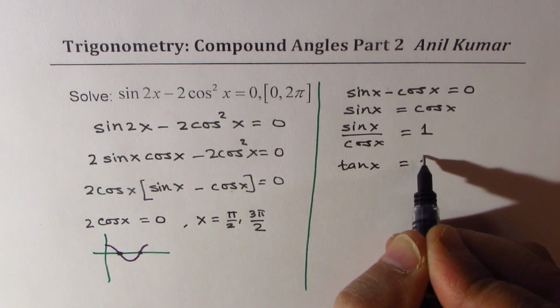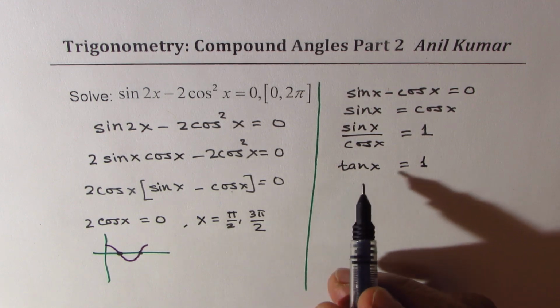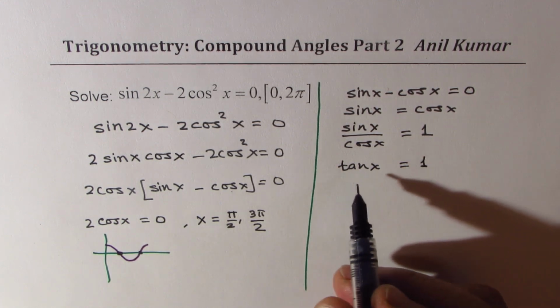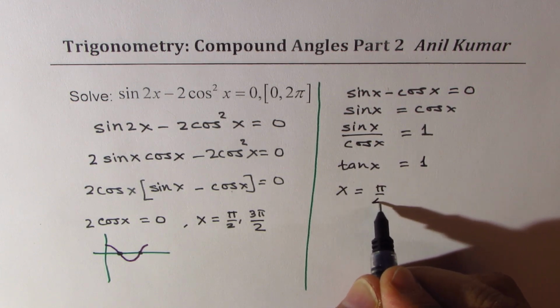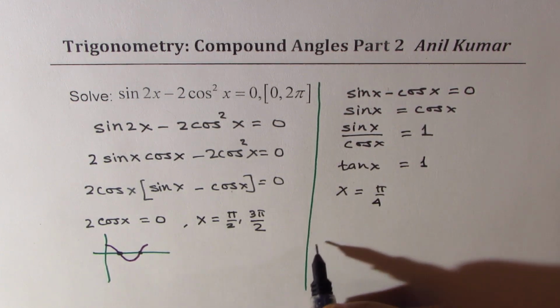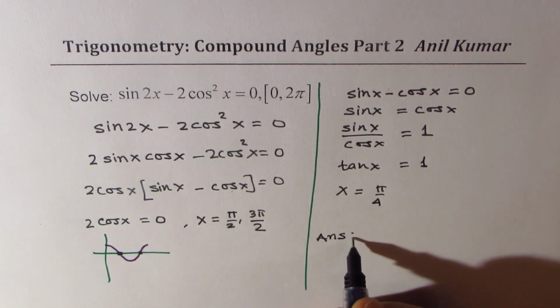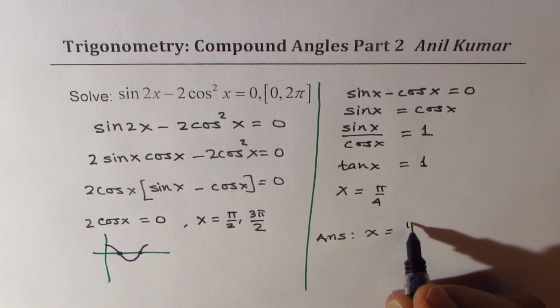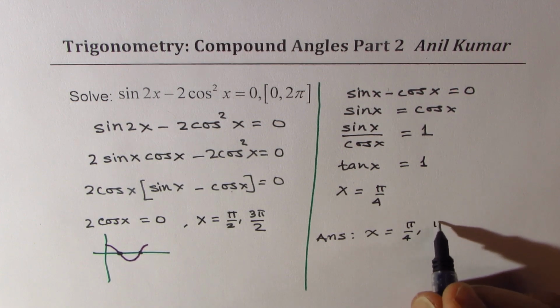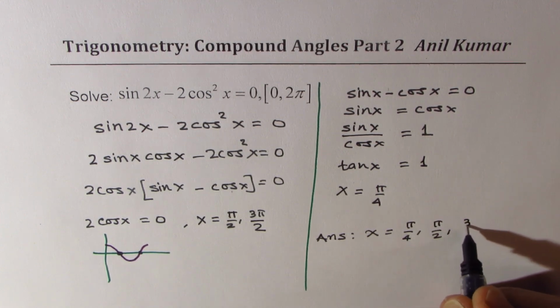So tan x equals 1. You know tan x is 1 for pi by 4, and so that gives you x equals pi by 4. So we have 3 solutions for this particular equation in the given domain: pi by 4, pi by 2, and 3 pi by 2.